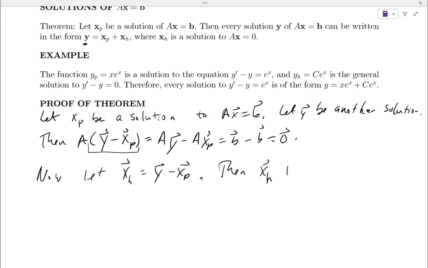Then x sub h is a solution of the associated homogeneous system, and clearly, hopefully it's clear, that y is equal to x sub p plus x sub h.